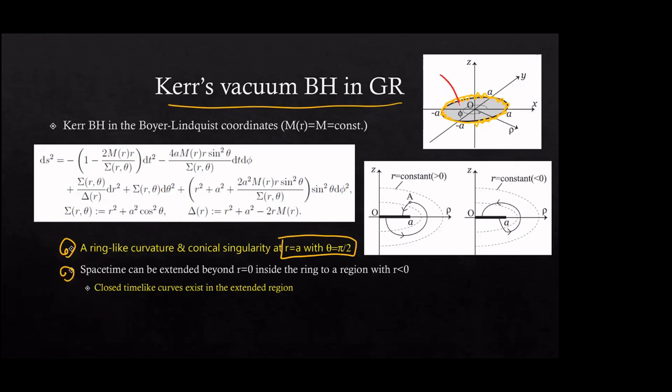So we go to the negative region of r, and then we again go like this, and we move like this, something like that, okay? And it is known that closed time-like curves exist in the extended region with negative r. So there is a region of causality violation.